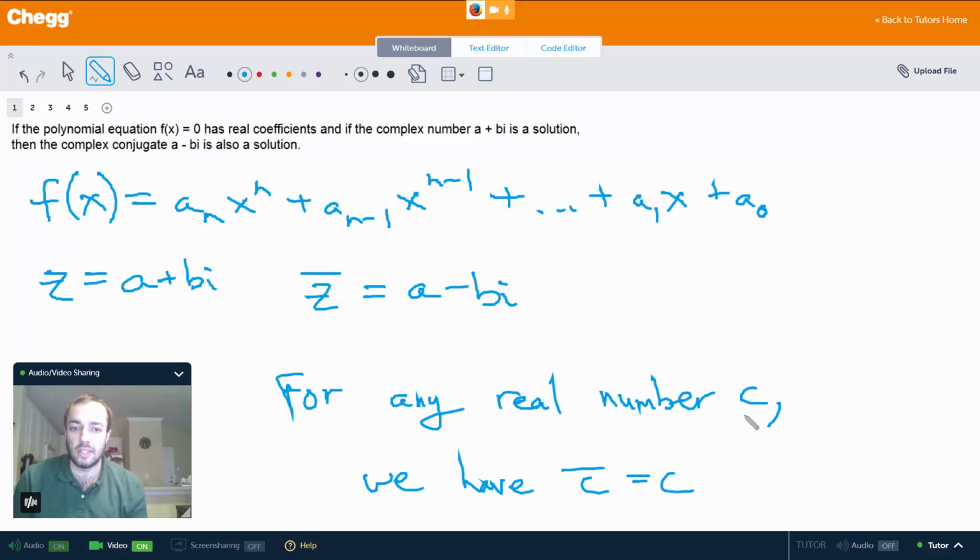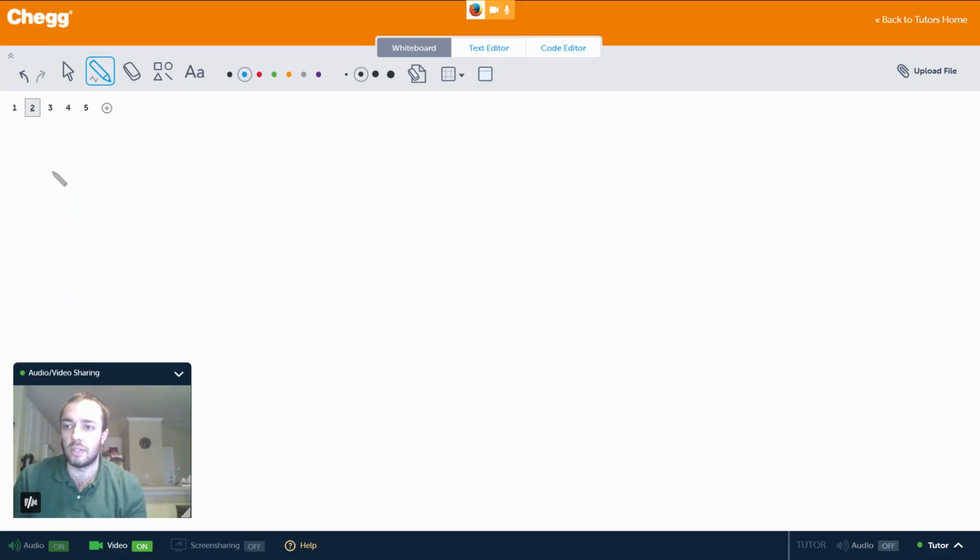Okay, so keeping this in mind, let's go ahead and see why this might be true. So first of all, we have 0 equals f of z. So let me say z equals a plus bi.